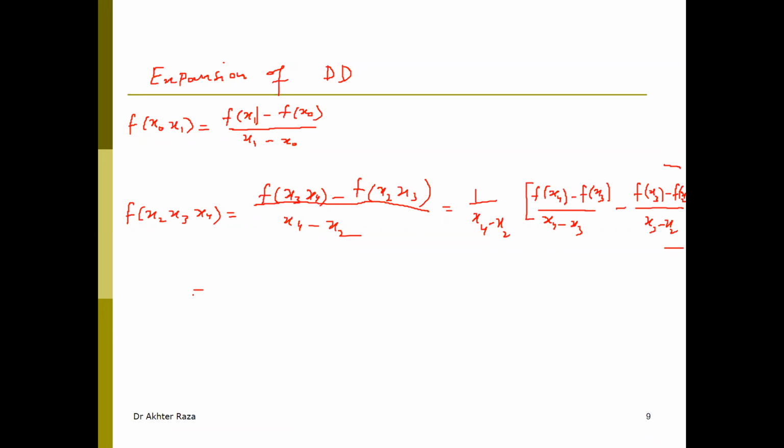This can be further summarized as f(x4) minus f(x3), and f(x4) minus f(x3). We can write it as y4 minus y3, y4 minus y3, and x4 minus x3.